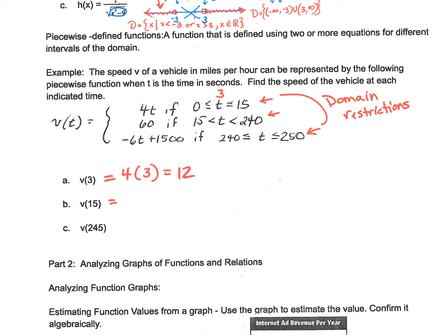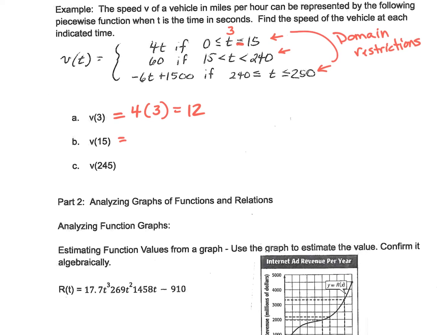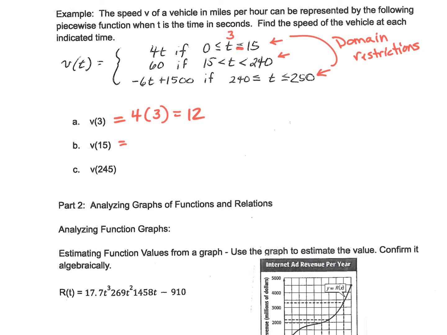So is it the first one or the second one? First one. Why the first one? Yeah, because the equal to is with the first one and not with the second one, isn't it? Okay? So what would I do to get this one? Yeah, 4 times 15, which is 60. V of 245. Okay, work it out.